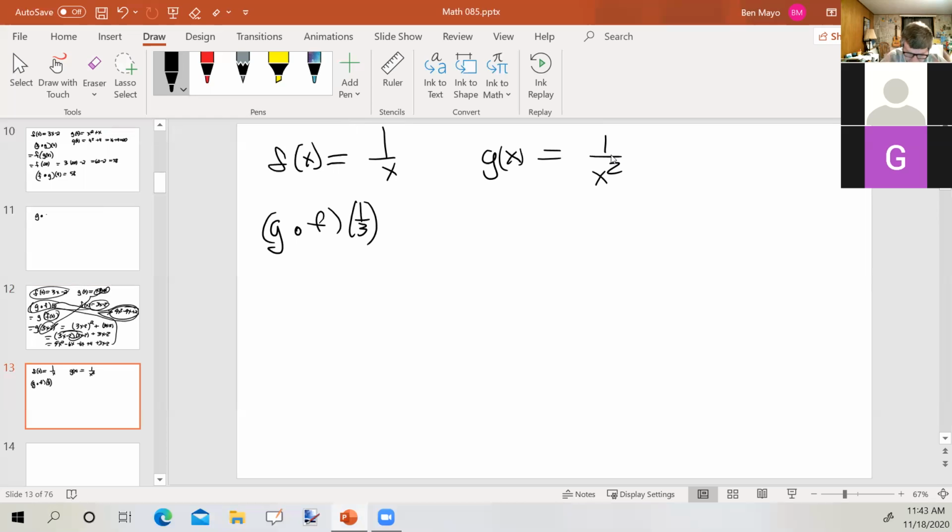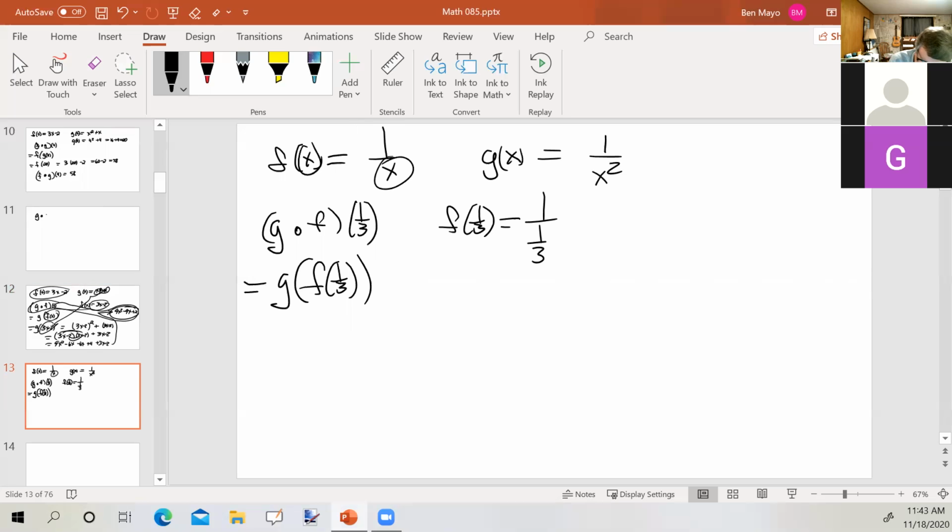So that's equal to g of f of 1/3. Now I need to find f of 1/3. f of 1/3 is 1 over 1/3, which is 1 divided by 1/3, which is 1 times 3 over 1, which is basically 3. So f of 1/3 equals 3.